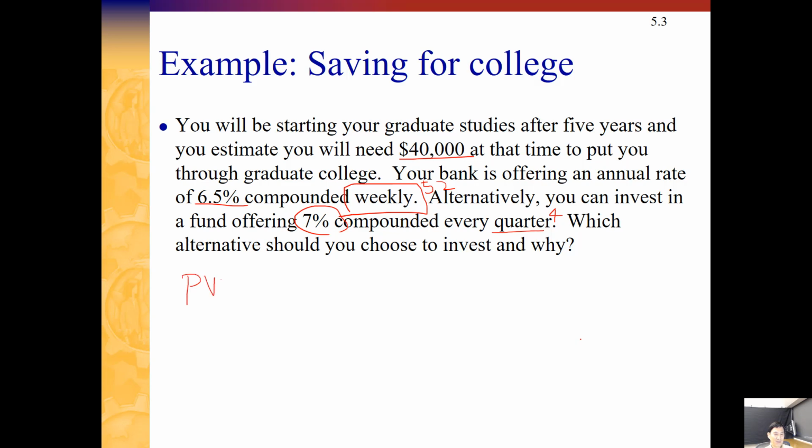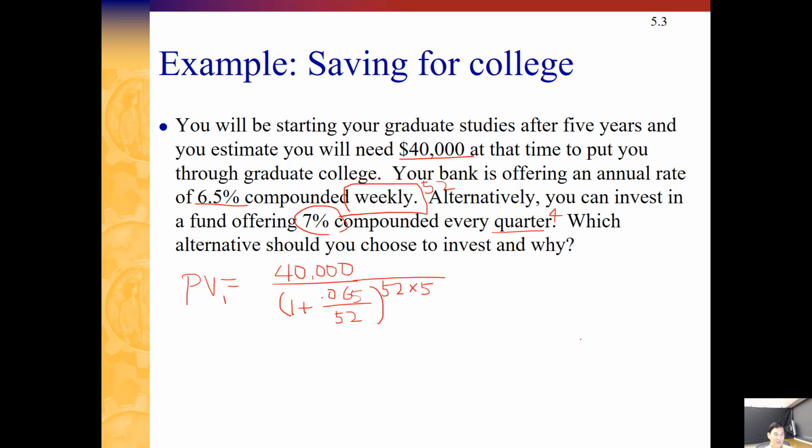So the present value of 40,000 discounted at annual percentage rate 0.065 divided by 52 to account for the weekly compounding, times 5. So this gives you the present value of 40,000, calculating how much you need to invest.